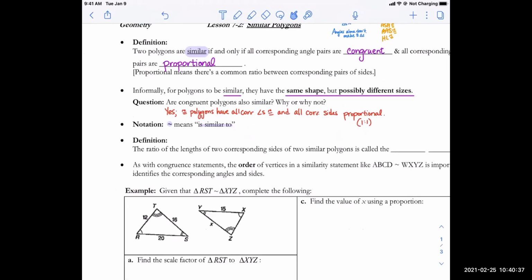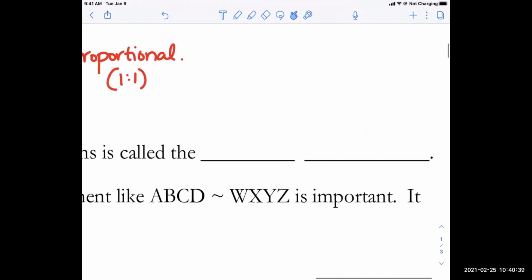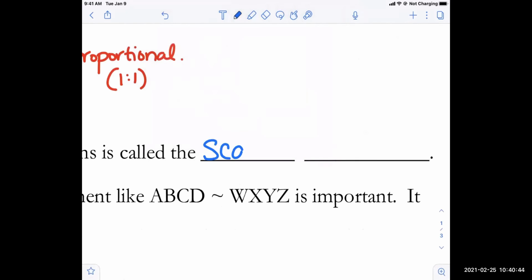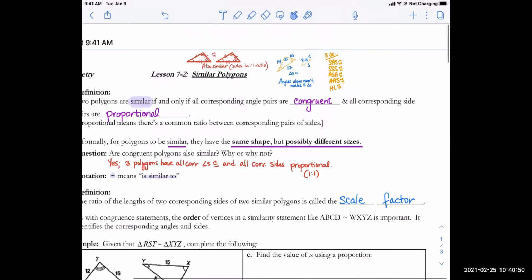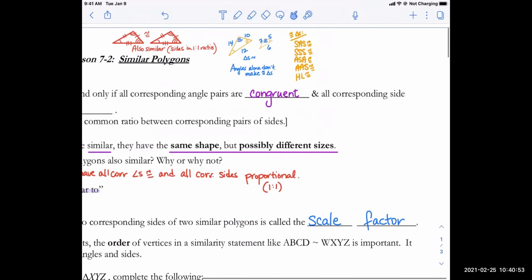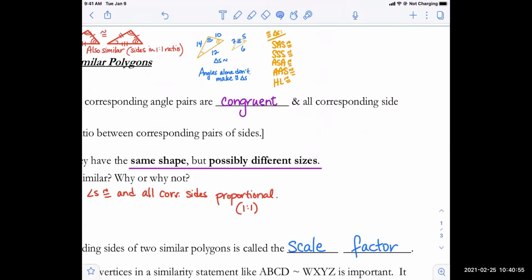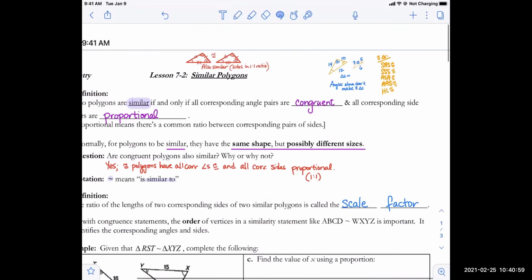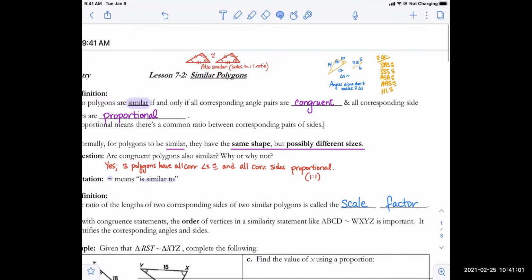Okay, and then the next idea is what's called scale factor. Scale factor is the ratio you get when you compare corresponding sides. If I was looking at these triangles that I drew, what would be the scale factor from the left one to the right one?